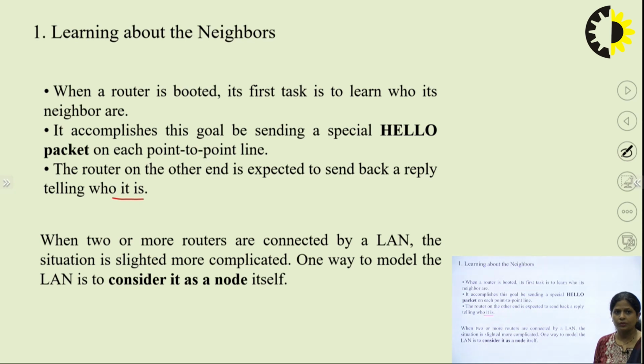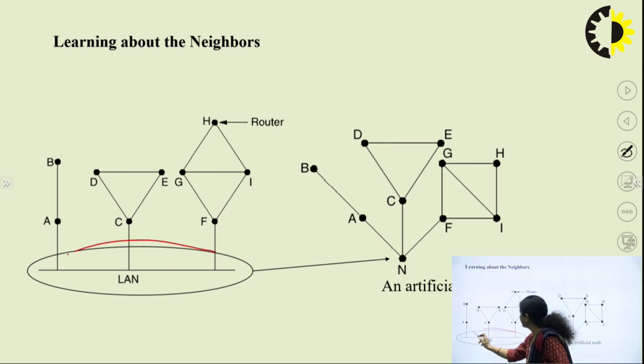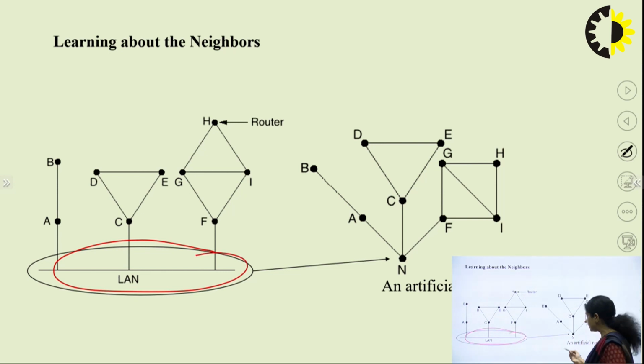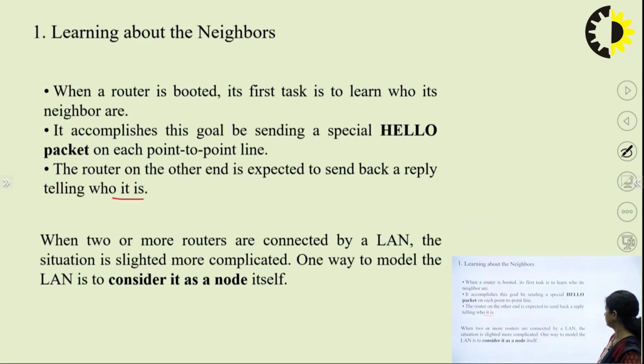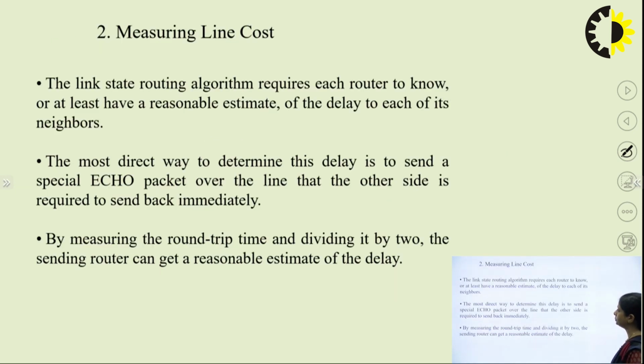Why is it so? How will we cope with this complication? One way to model the LAN is to consider it as a node itself. Then we can cope with the situation, right? How will we do that? Like this one, right? This entire LAN is considered as an artificial node, right? One way to model this LAN is to consider it as a node itself. That's what we are doing over here, right?